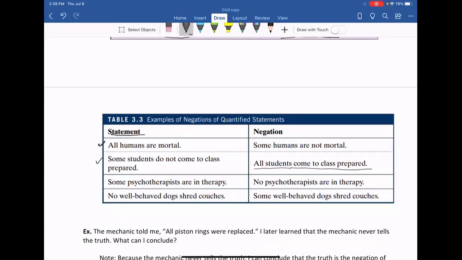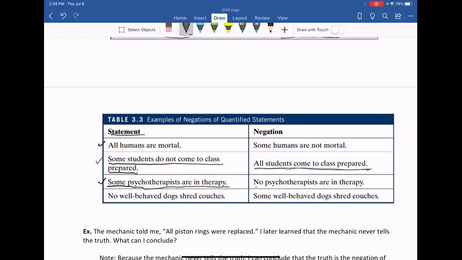Let me read it again. Okay, some students do not come to class prepared. The negation is all students come to class prepared. Next one, some psychotherapists are in therapy.